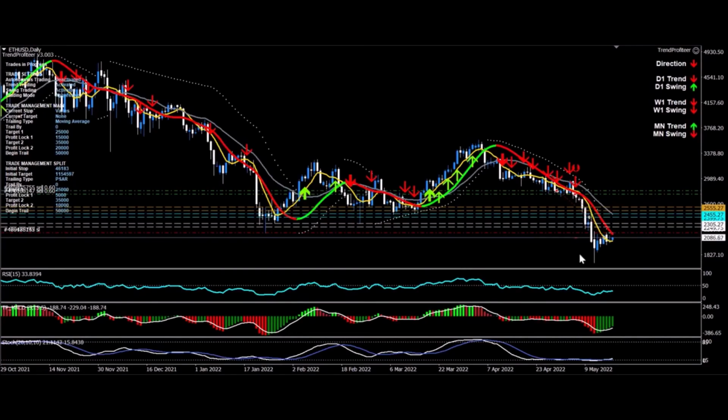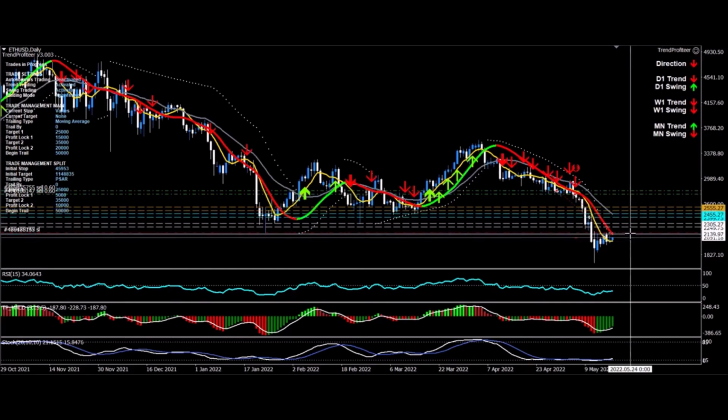Okay, another day, another move by our system. It's nice to know that the system is following the trade and managing it, so you don't have to. All you've got to do is check in every now and again, see how it's going, intervene if necessary. But normally, it does the whole thing for you.